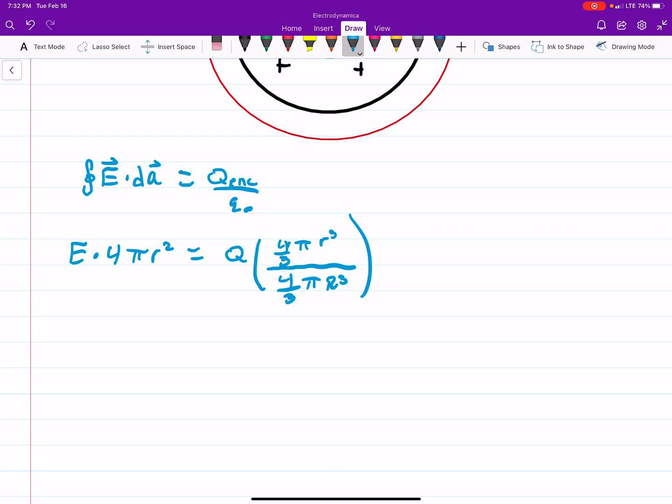And obviously the 4/3 and the pi's drop, and you're left with that. Solving for our E field, the magnitude is going to be Q r divided by 4 pi epsilon naught big R cubed. And this is for r less than big R. Okay, so that's the E field.